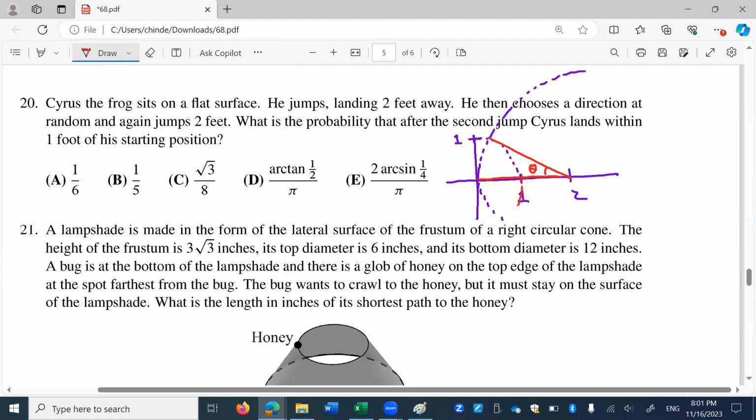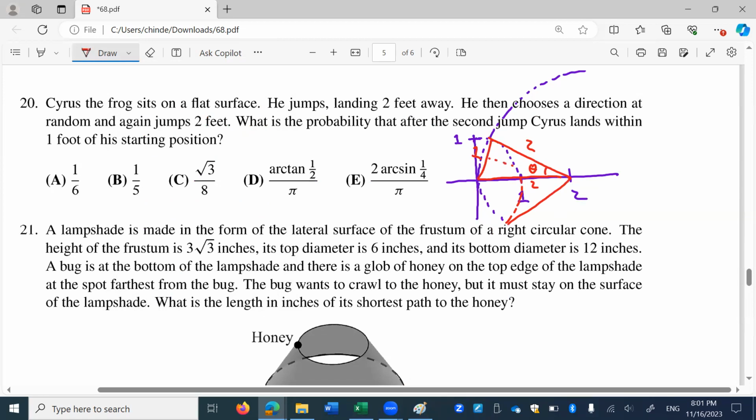There's going to be a symmetric situation here. So this angle doesn't look hard to calculate. I've got distance 2 for both of these legs because it's the radius of this circle, and this distance is 1.